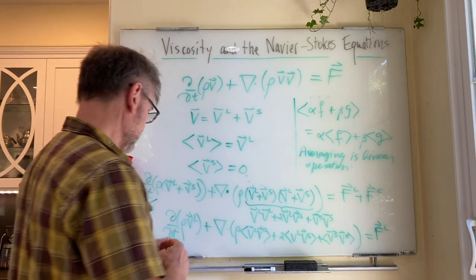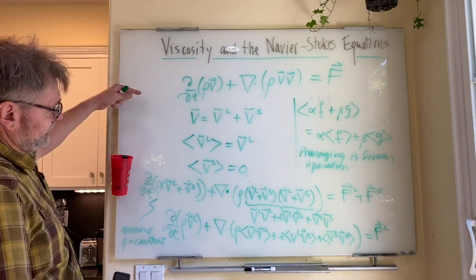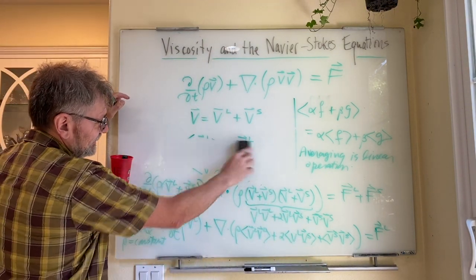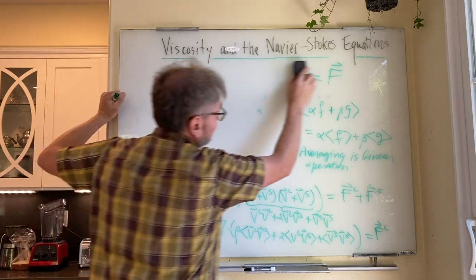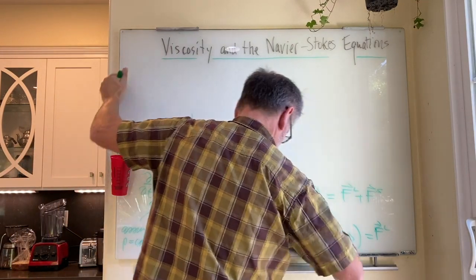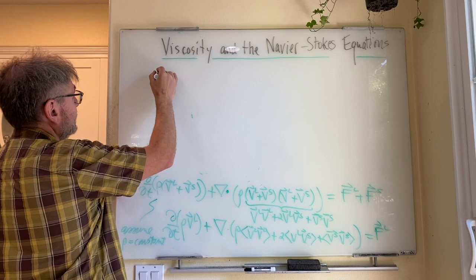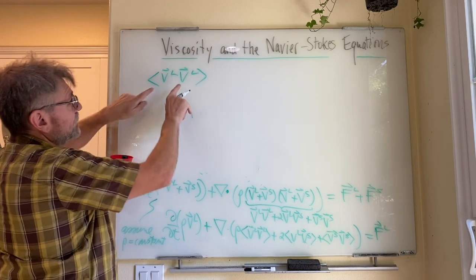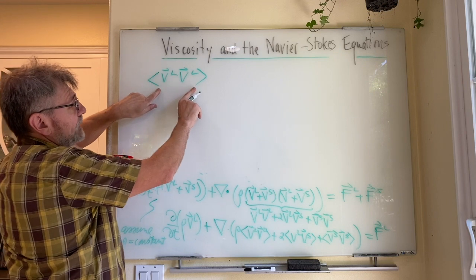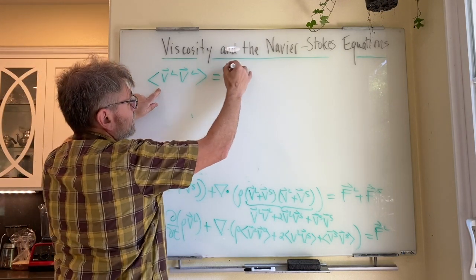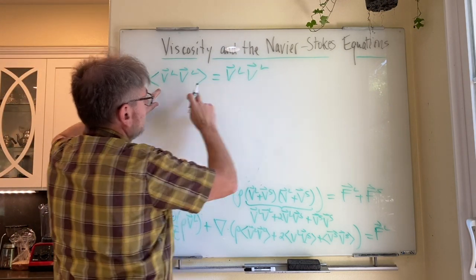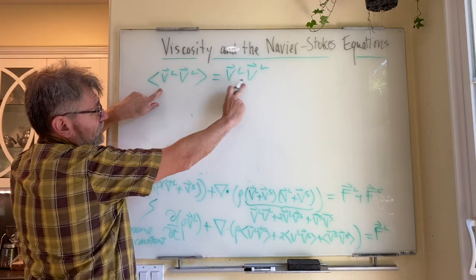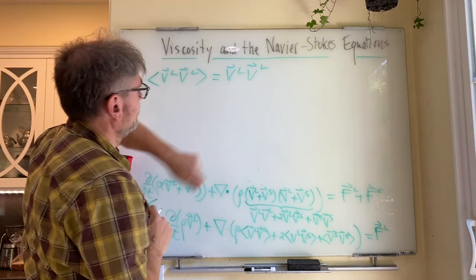Okay, next thing is I'll go back up to here, and I will point out that the averaging of VL and VL, well, both of these are constants on the scale of the averaging, so they can both just return back VL. So the averaging of VL VL is just the product of the large scale velocities.